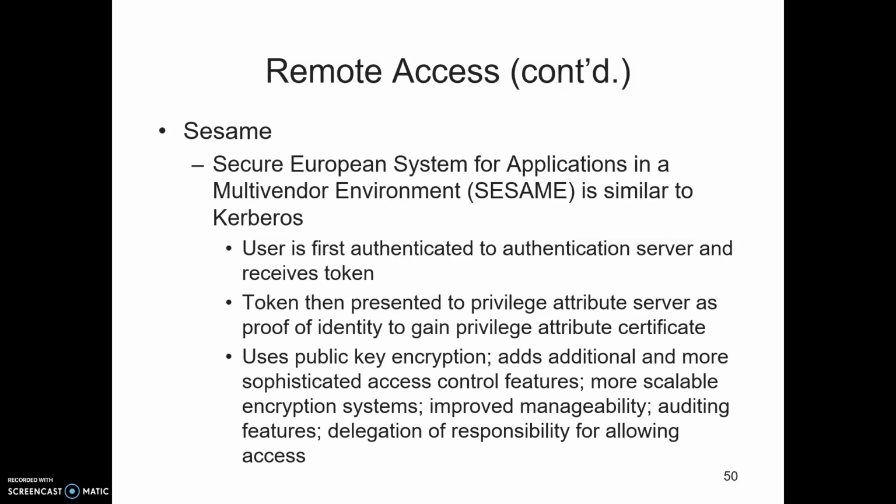The token is then presented to a privilege attribute server instead of the ticket granting service as in Kerberos. And this token will be used as a proof of identity to gain a privilege attribute certificate, or PAC, to access the material or the files that will be required.